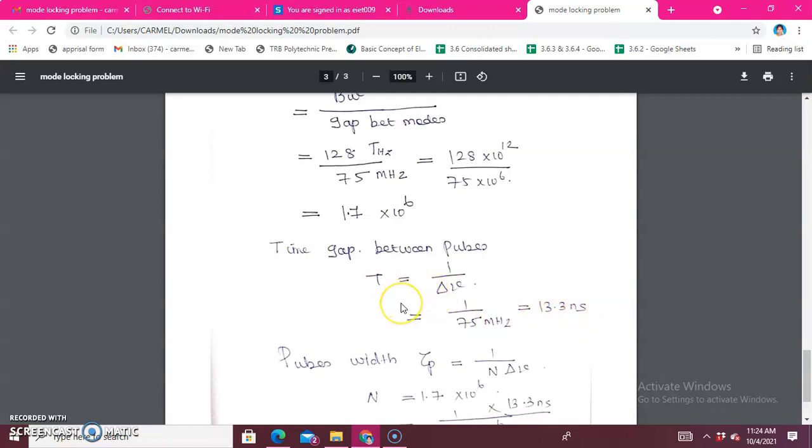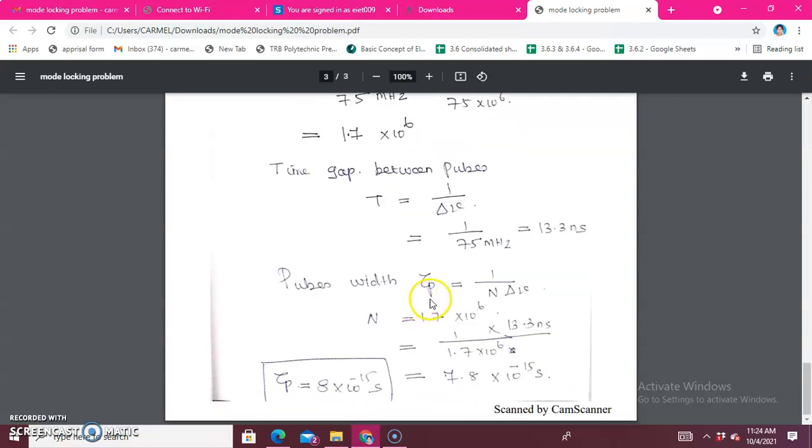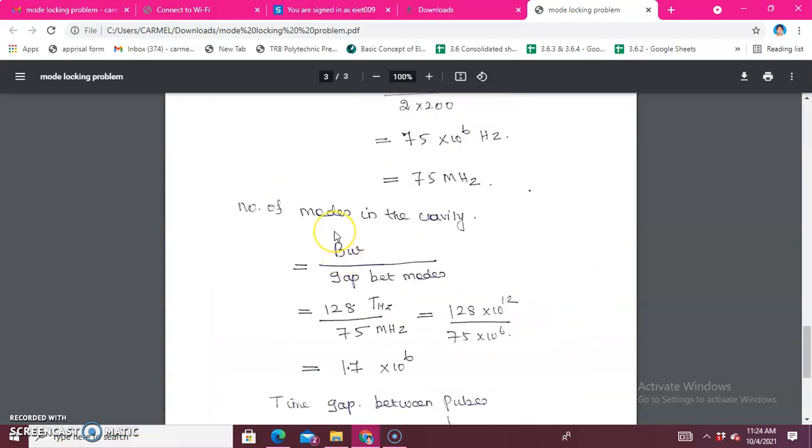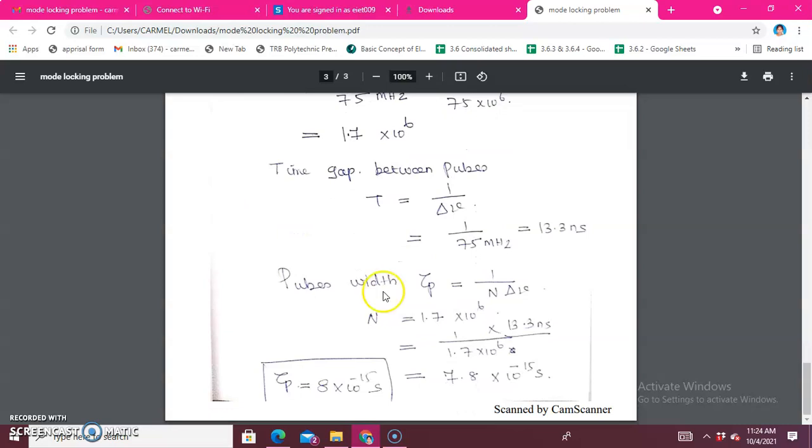Now I am supposed to find the pulse width of the signal. The pulse width is tau p, which is equal to 1 by N into del nu, where N is the number of modes. The number of modes is calculated through bandwidth by the gap between the modes, 1.7 into 10 power 6.